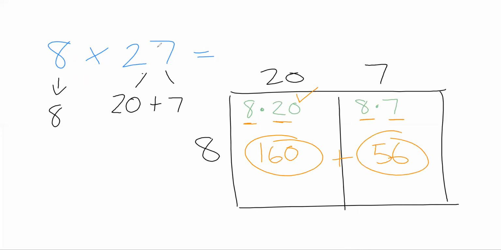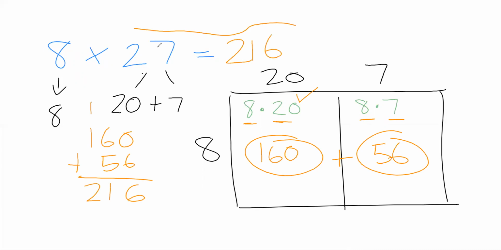And now I'm going to add these two numbers together. 160 plus 56, it's a 6, 11, 216. Boom. There you have it.